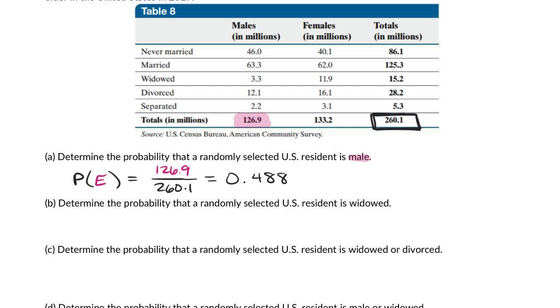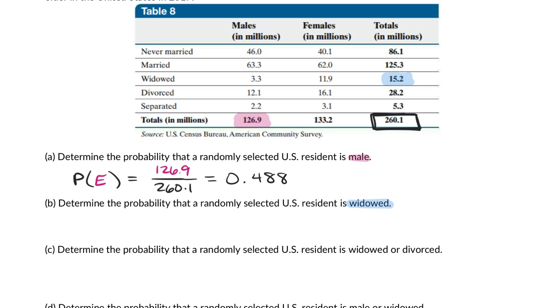The second part says, determine the probability that a randomly selected U.S. resident is widowed. Okay, so we look at our table for widowed. If we're randomly selecting somebody, there's this many people, male or female, that are widowed from this survey.